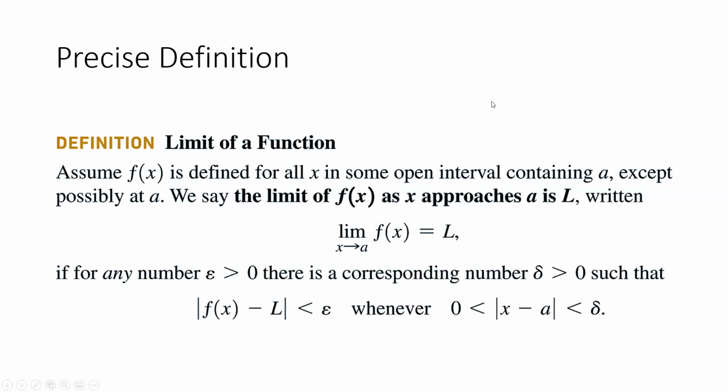We sort of alluded to this definition earlier, but let's think about it again. So assuming f is well defined for all x in some open interval containing a except possibly at a, we say the limit of f of x as x approaches a is L, written in this notation, if for any epsilon greater than 0 there is a corresponding number delta greater than 0, such that the absolute value of f of x minus L is less than epsilon whenever the absolute value of x minus a is between 0 and delta.